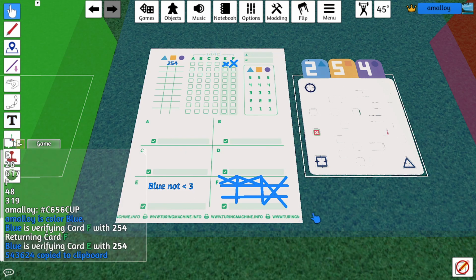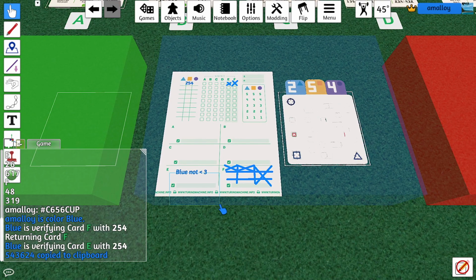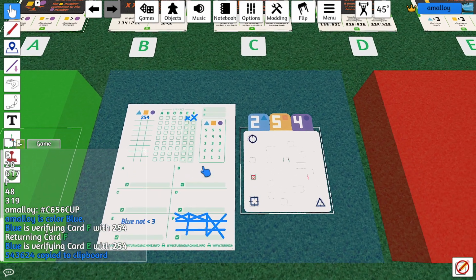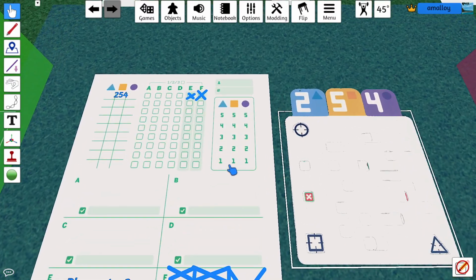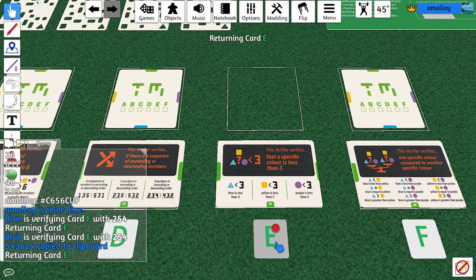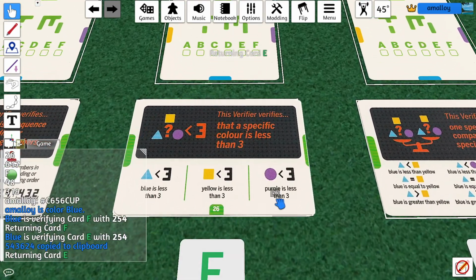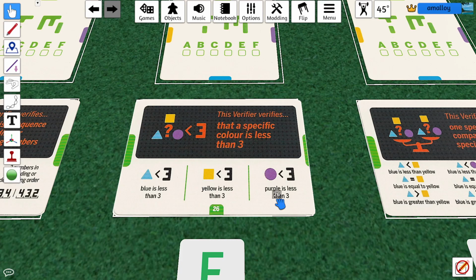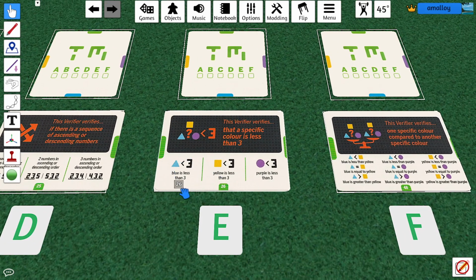Now again, as I talked about in the last video, this doesn't mean that we can conclude that blue can't be 1 or 2 in the final code. It just means that's not the criterion this card is looking at. Maybe in the final code, there are 2 things less than 3, and blue is one of them, and the verifier cares about the other one. So we can't rule out any specific numbers, but we can rule out that this part of the card is the relevant part.